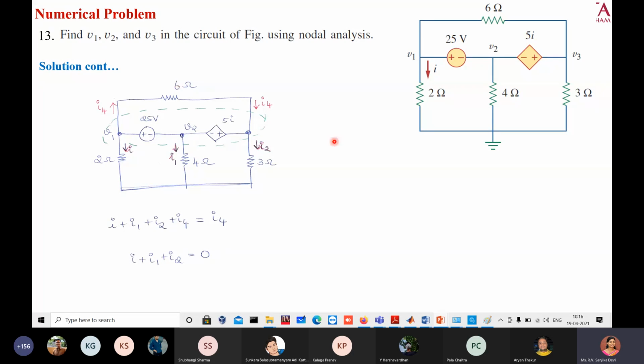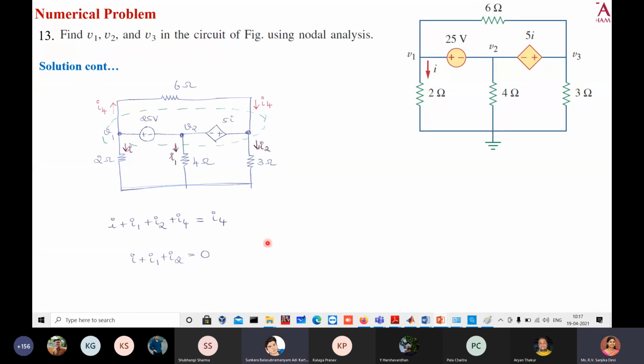But if you have a difficulty in understanding that, that is also fine. We will consider this voltage source separately as a supernode and fix the direction of current in the 6 ohm resistor. Okay. So the current leaving is again entering back into the same supernode. And because of that, we will get the same equation as we already obtained. Okay.